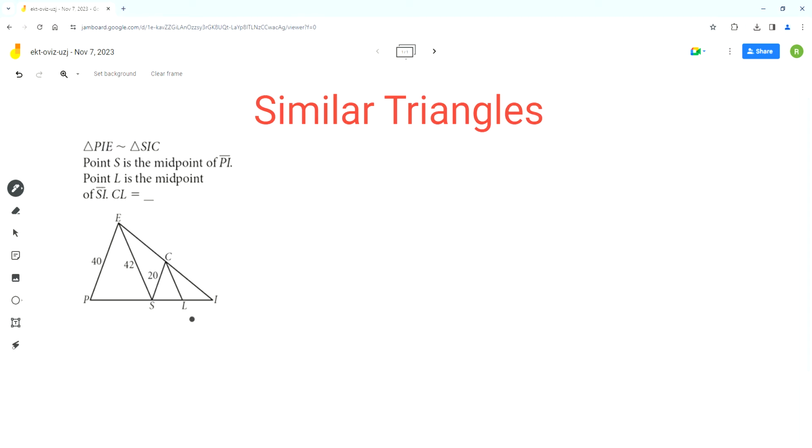So the first step here is to analyze these given similar triangles. Since it's a very cluttered diagram, it's best to draw those two triangles separately. So we are given triangle PIE and triangle SIC.